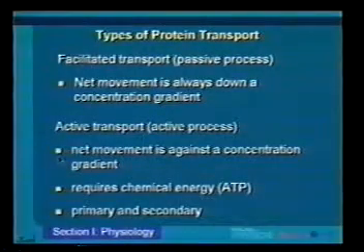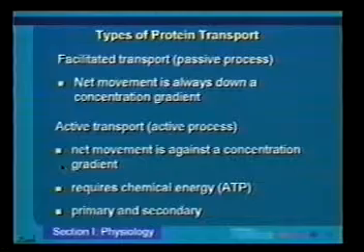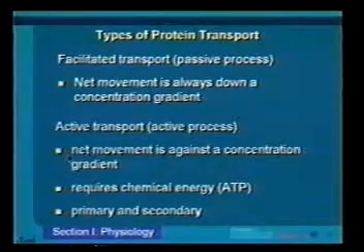So any active process depends upon cellular metabolism for a source of energy. Now, the unique aspect of active transport is that net movement can be, doesn't have to be, but the net movement can be against a concentration gradient.